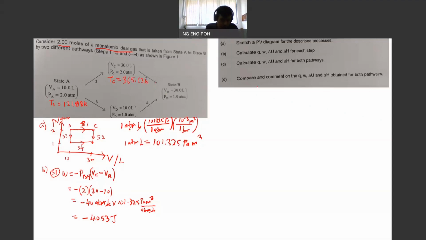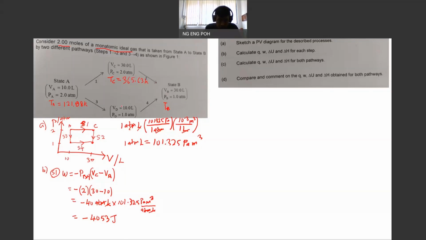You need to check carefully: 2 times 30 divided by nR. Yes, correct.